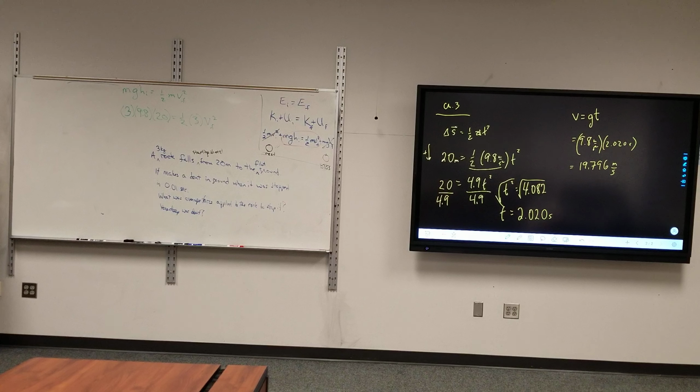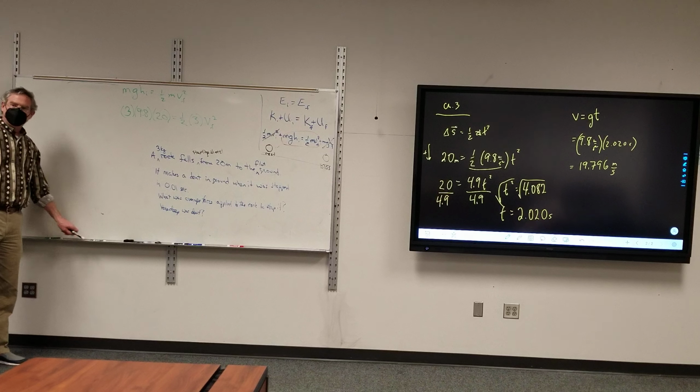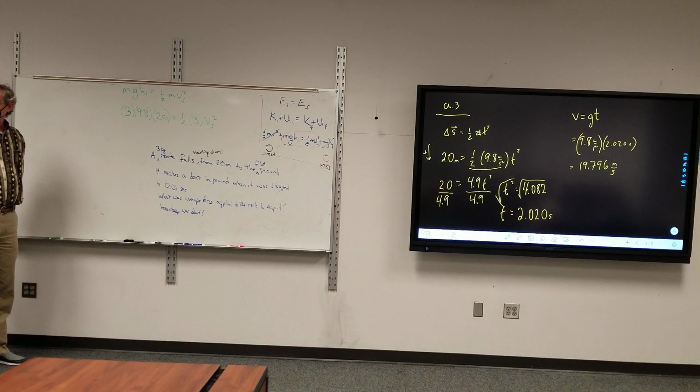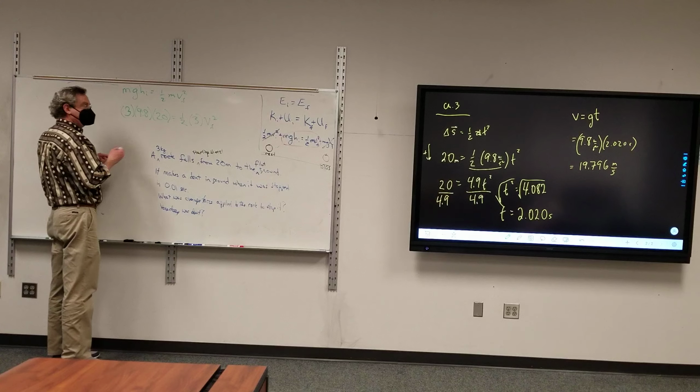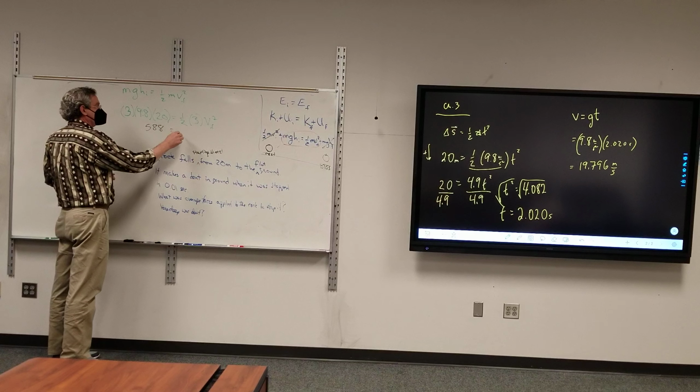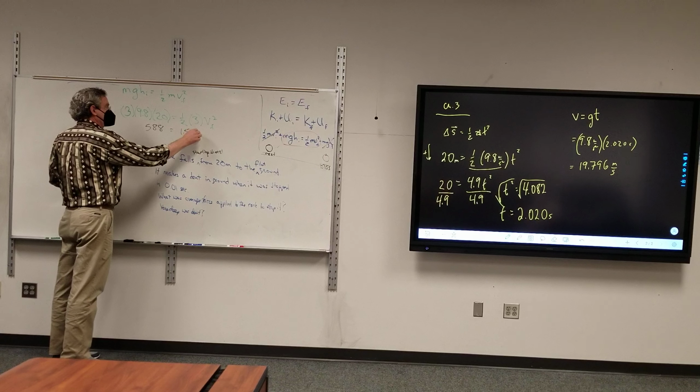Now what? 588 is equal to 1.5 VF squared.